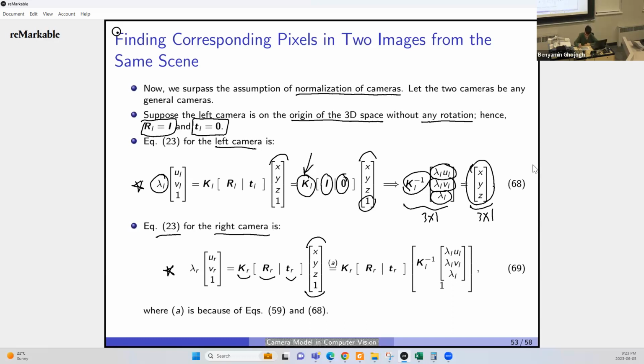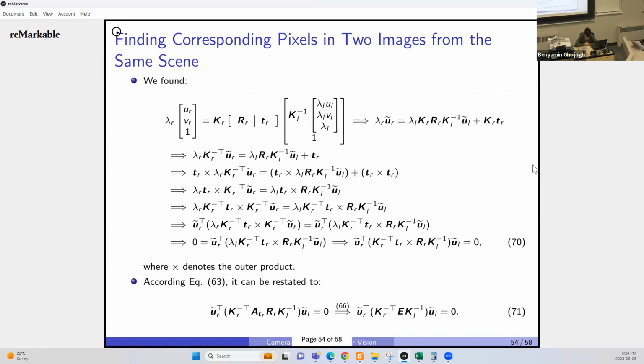Now, what do I do? I have XYZ here. Let's replace it with what I found in equation 68 from the other camera. So I will have these for these XYZ. This one is also here. Okay. Let's continue. We found this.